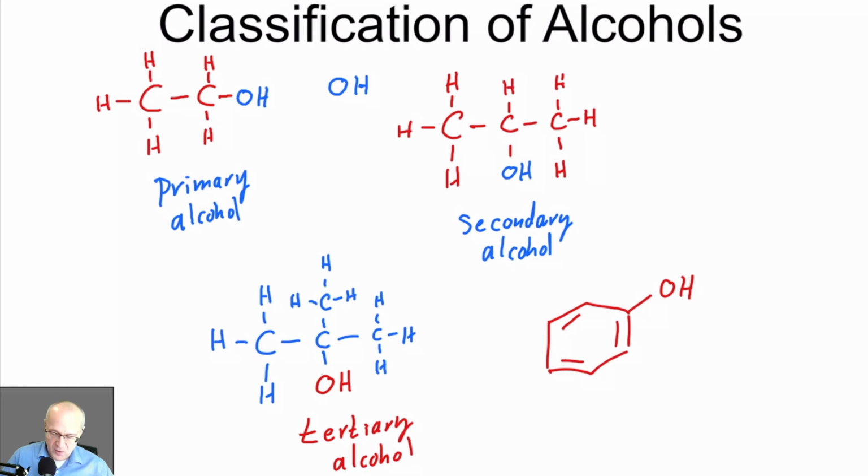These are called aromatic alcohols, so they're classified as the aromatics. This particular one is called phenol, but that's the actual name of it. The classification is aromatic alcohol. All right? And that's how you classify alcohols.